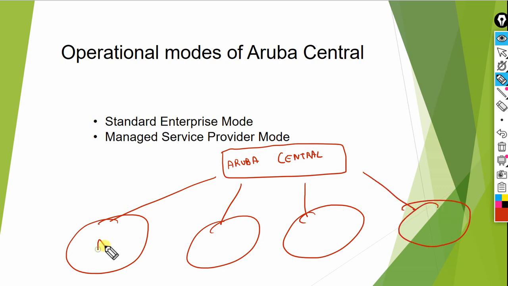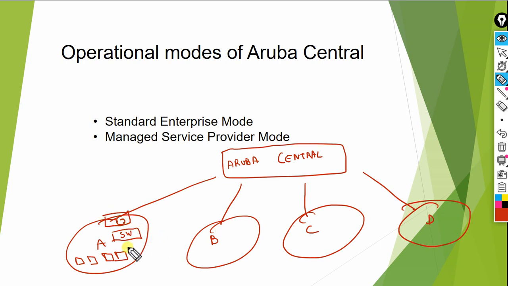So let's say we have company A, company B, company C, company D, and maybe you have 4 access points for company A, and then maybe one Aruba switch, and then a gateway.